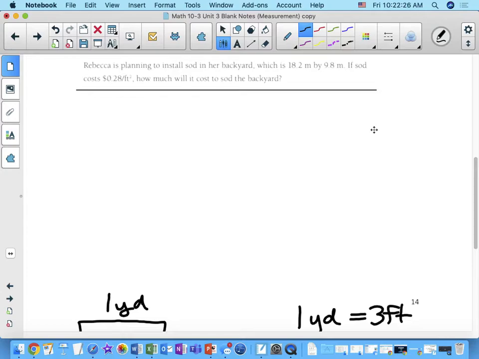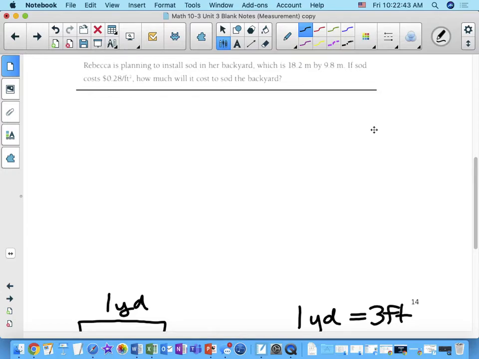Okay, so if we want to figure out what the cost is to sod her backyard, we've got to figure out how many square feet is her backyard. So what I would start out by doing here, you don't have to, but I highly recommend it, draw a picture.